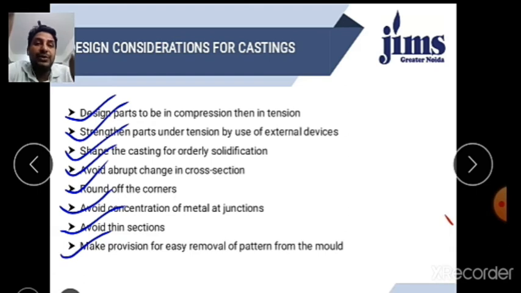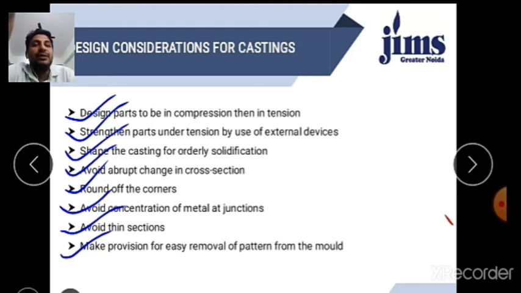But while you are designing, you should pre-consider the easy removal of the pattern, because if the pattern is not properly removed from the cavity, it will distort the dimensions and may damage the cavity, and that will ultimately lead to inaccuracy. It would not give you the proper shape of the component. That should be avoided.